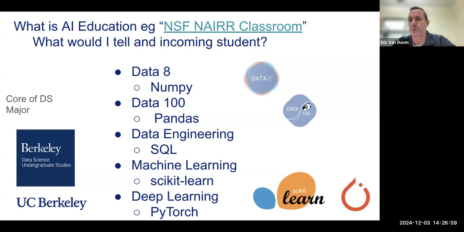And so these subpoints would be Python packages that you would be learning along the way. And then by the end, you get to a deep learning class where you'd be able to use PyTorch. So that's what I would say. It's not just using AI tools, but if somebody wanted to learn and understand the workflow behind AI, this would be a Python-based scaffolded curriculum that would get you to learning PyTorch by the end, which is the thing that's building these big neural networks that's driving the AI implementations of today.